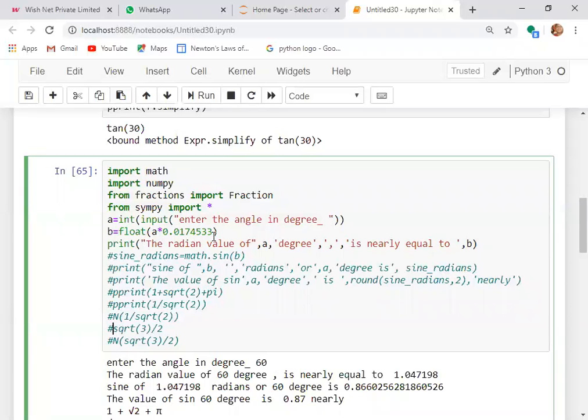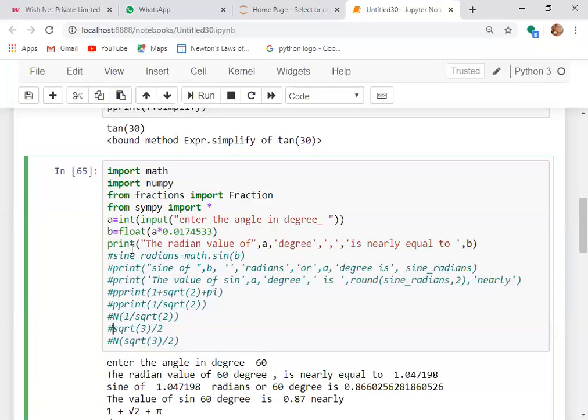You should remember these values, or you may take it as 0.17 or 0.1745, so that it will give you the approximate value of the angle in radian unit. So A will be in degree and B will be in radian.